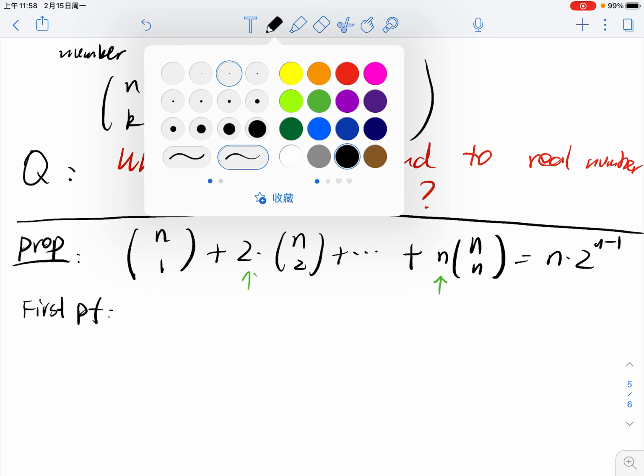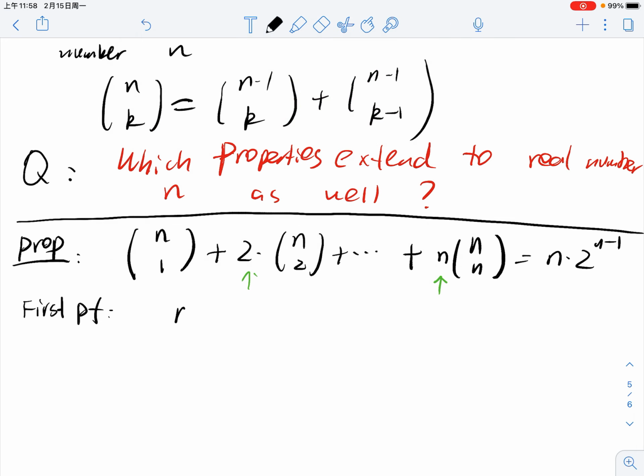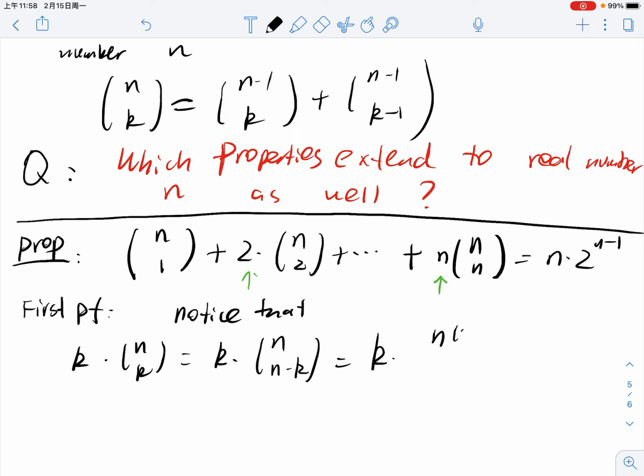So here's one of the methods. Note that k times n choose k is k times n choose n minus k, which is k times n(n minus 1) all the way to (k plus 1) over (n minus k) factorial.